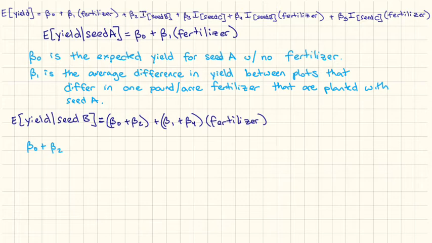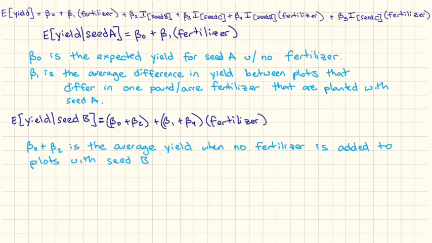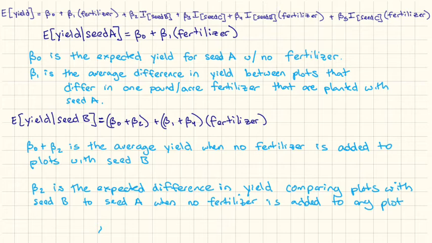For seed B and for beta 2, it's probably easier to interpret if you do beta naught plus beta 2 than just beta 2 by itself, but I'll show you both. So beta naught plus beta 2 is going to be the intercept for seed B. So it's the average yield when there's no fertilizer added to plots with seed B. Beta 2 by itself, well, to get beta 2 by itself, I have to compare it to seed A. So it's the expected difference in yield comparing plots with seed B to seed A when there's no fertilizer, right?